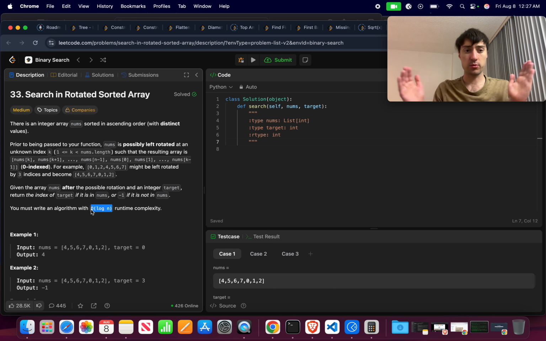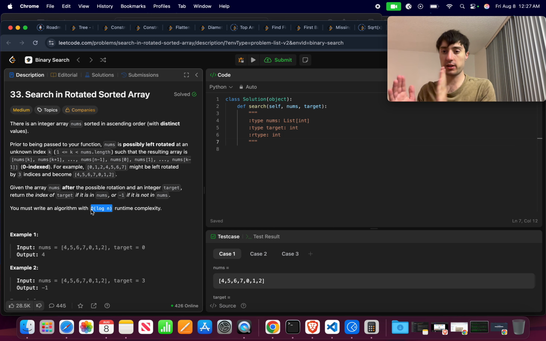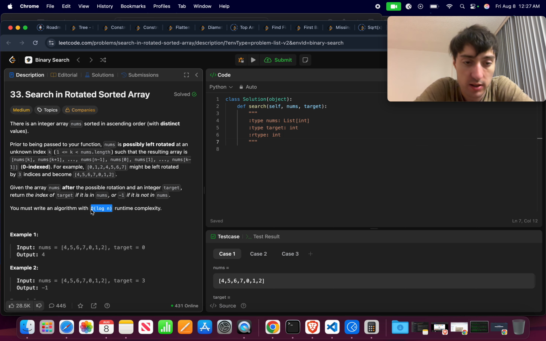Likewise, if your midpoint here is higher than your ending point, your right point, then you know that the pivot occurred in this location, not the other one.